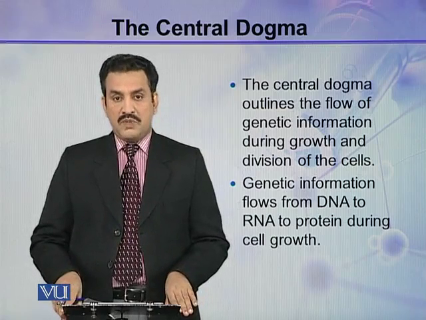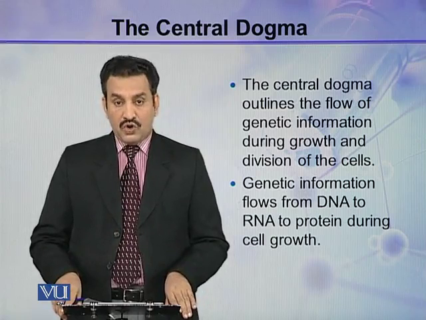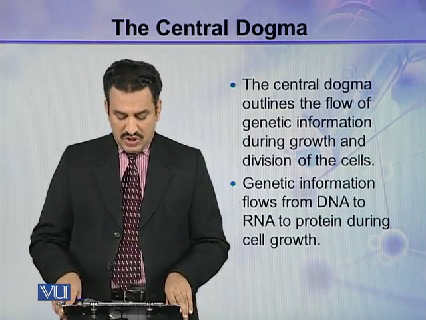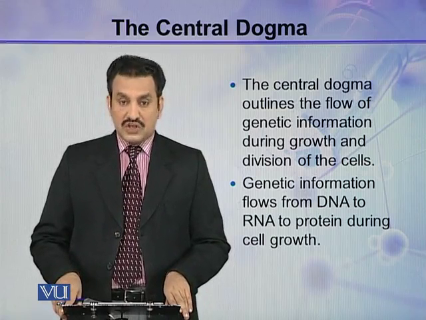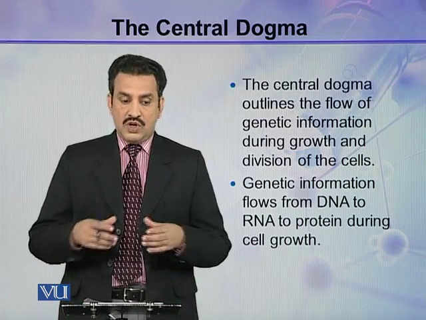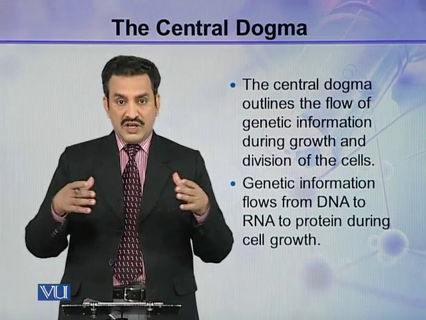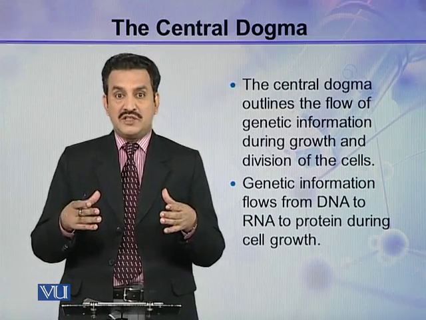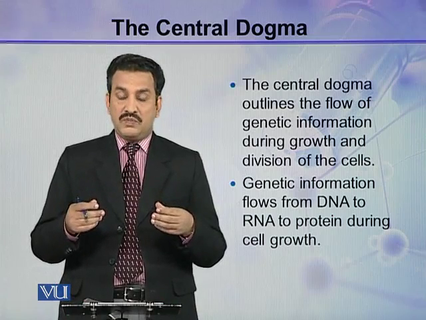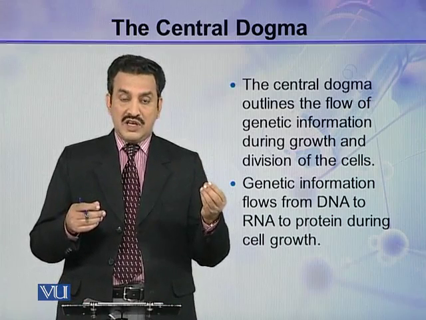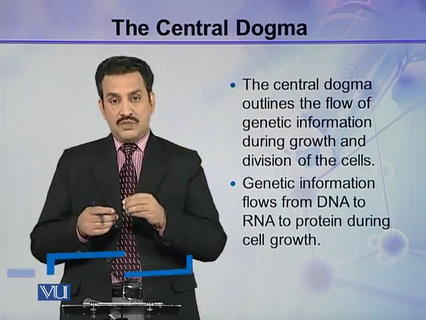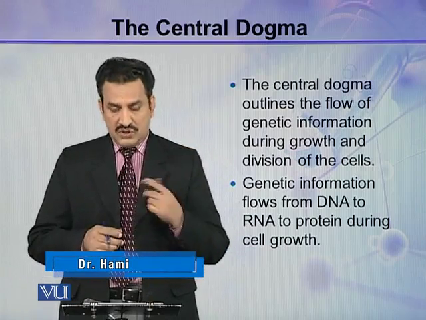The central dogma outlines the flow of genetic information during growth and division of the cells. When the cell is growing, it needs proteins. How is the information coded in DNA transferred to the proteins for their synthesis?